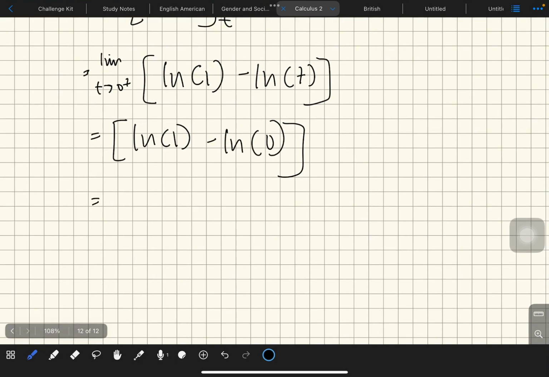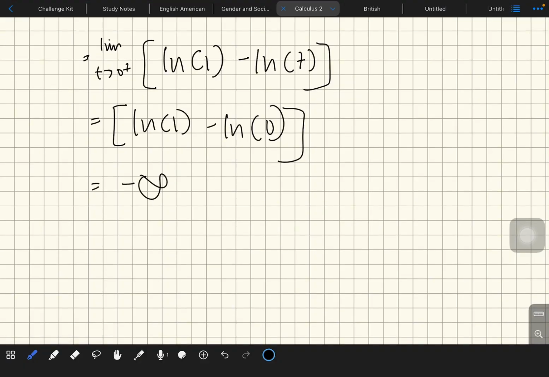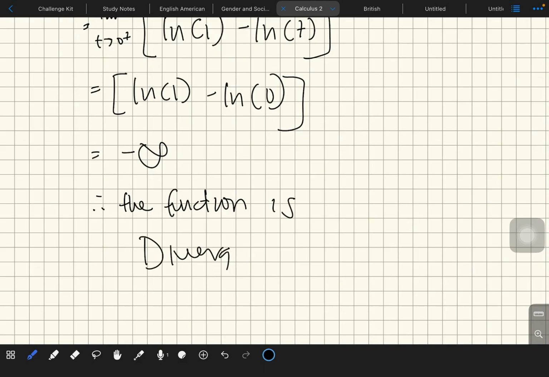So the value of ln 1 minus ln 0 will become negative infinity. So therefore, the function is divergent because it doesn't have any value.